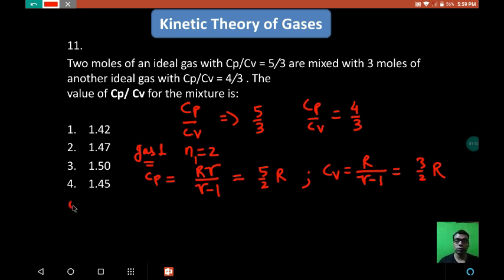Now gas 2. Cp, again we put the values in the respective formula and we get 4R, and Cv as 3R. Now here we have calculated the Cp and Cv for each of gas 1 and gas 2. For the mixture we have to find Cp by Cv.